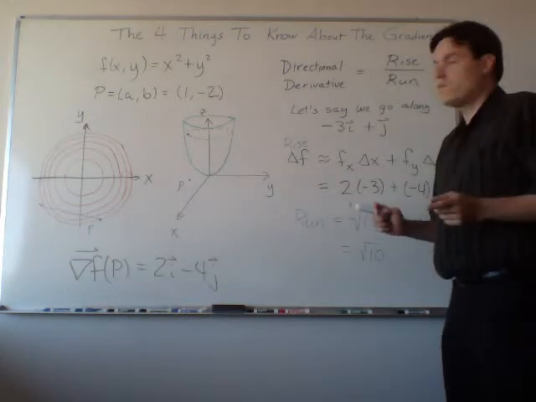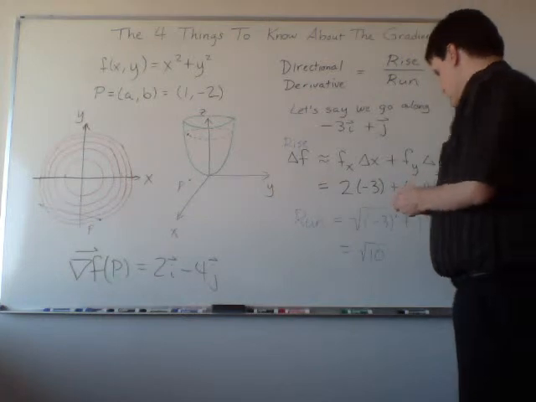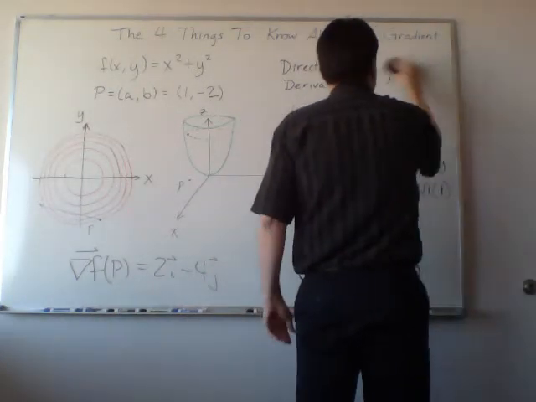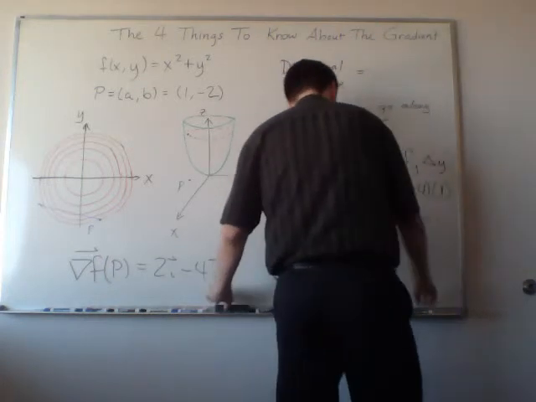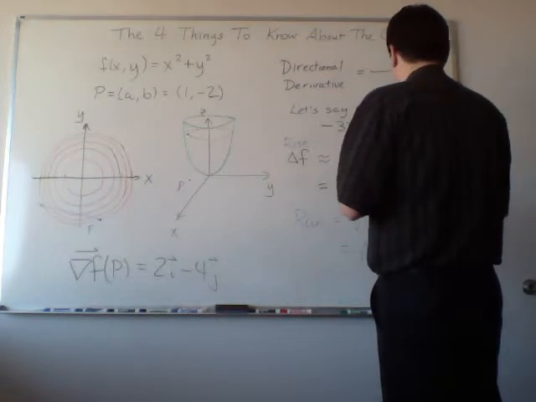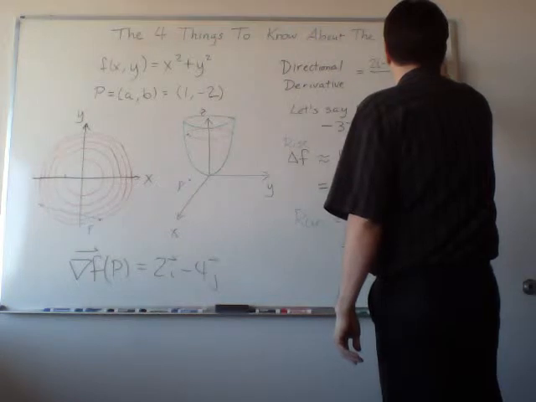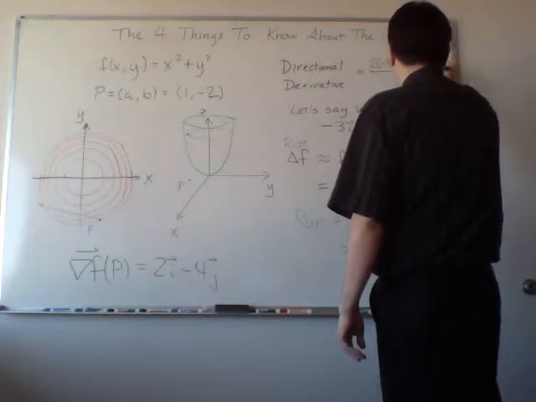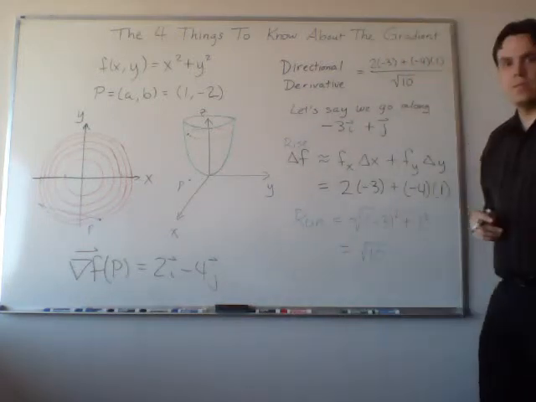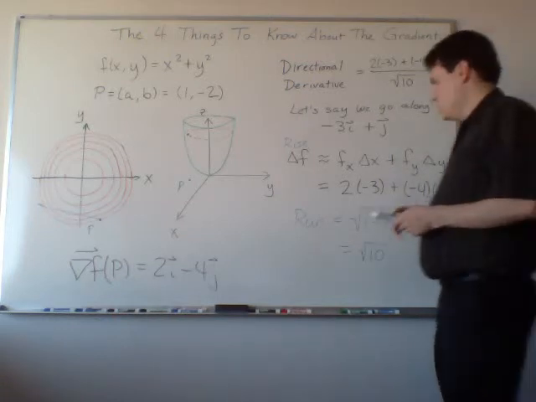So if I want the rise over the run, I'm going to replace these with the appropriate numbers or expressions because I want to see the structure of how this works. So my rise was 2 times negative 3 plus negative 4 times 1, and my run was square root of 10.